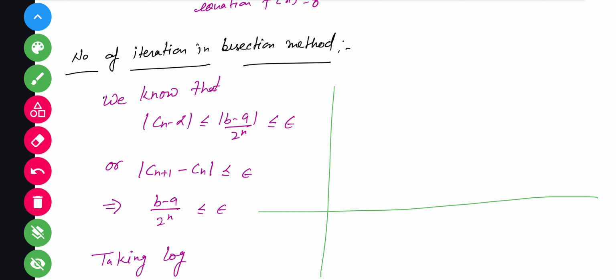Let me explain something. I'm using the same graph.